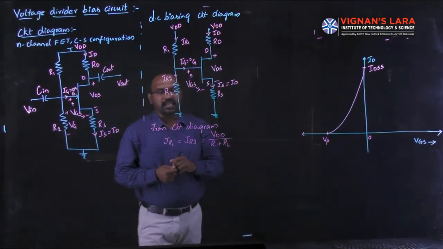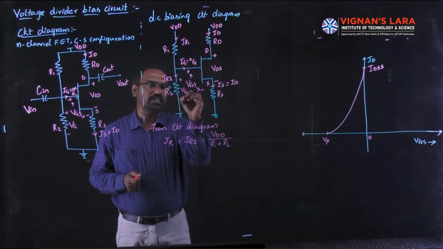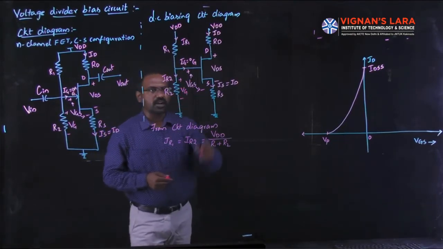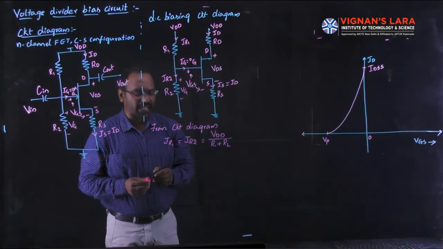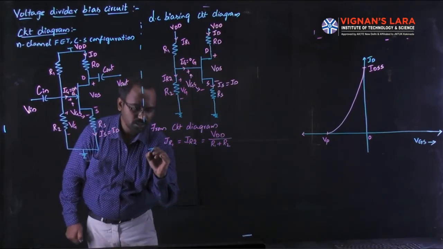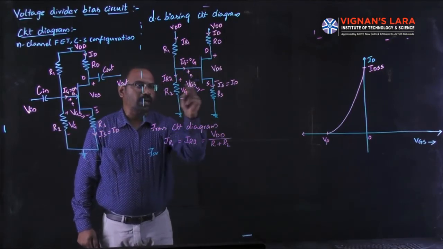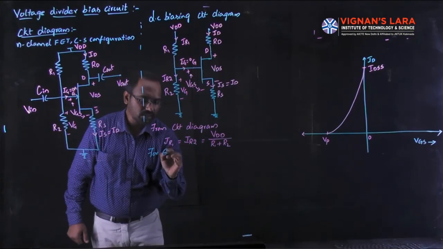Right? And here I have assumed the voltage drop across R2 is VG. So now for the gate to source loop, I am applying KVL.